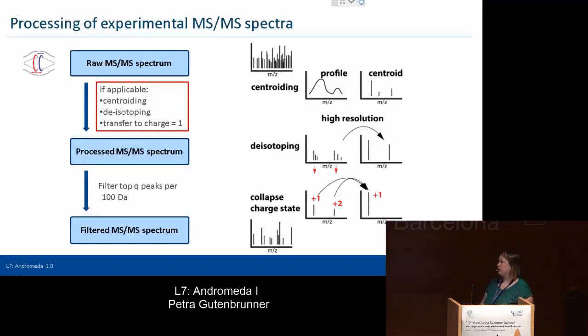To reduce the complexity, the isotopic pattern is taken out, and then we reintroduce the monoisotopic peak when summing the intensities up.